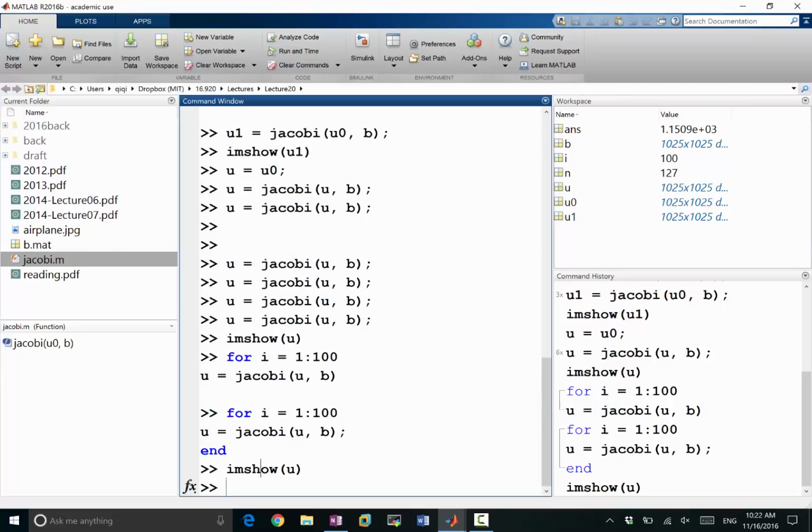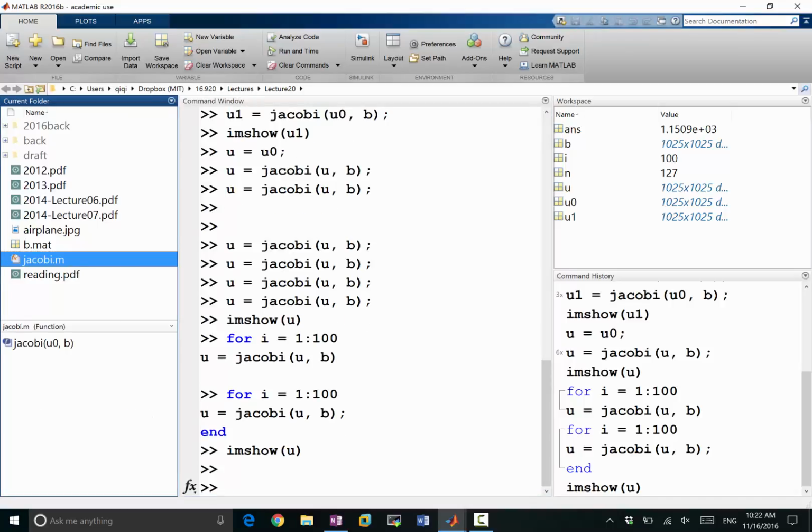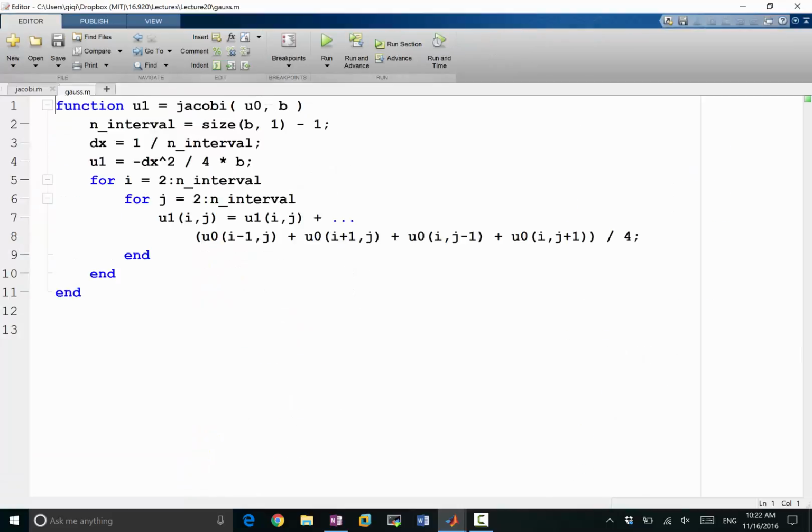Okay, so let's try to modify the Jacobi iteration to Gauss-Seidel. I'll just call it Gauss. What do I need to modify here? Which line should I modify?